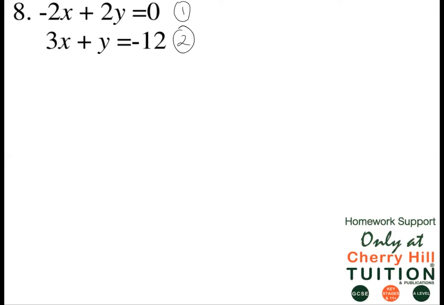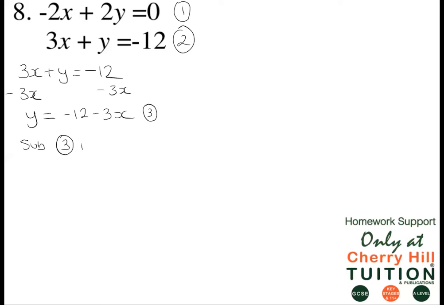Okay, so we have 3x plus y is equal to minus 12. We can minus 3x on both sides, leaving us with y is equal to minus 12 minus 3x. And this is equation 3. Okay, now we can substitute equation 3 into equation 1.